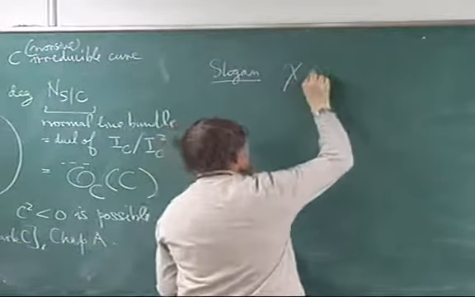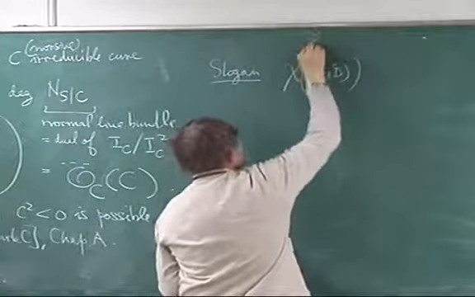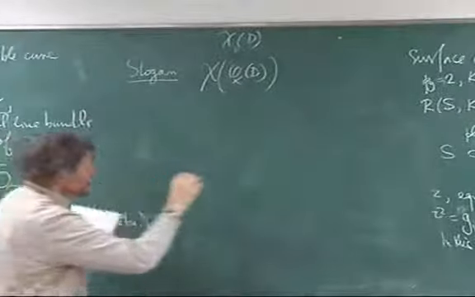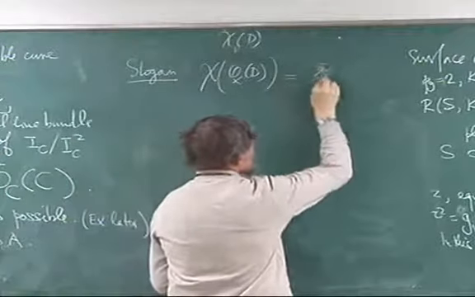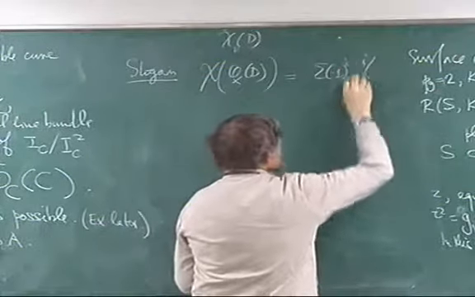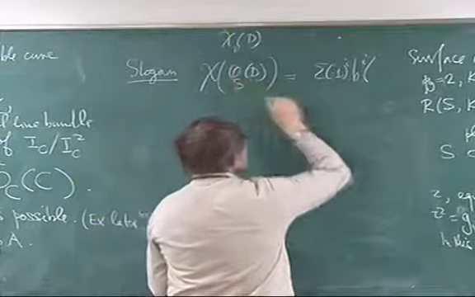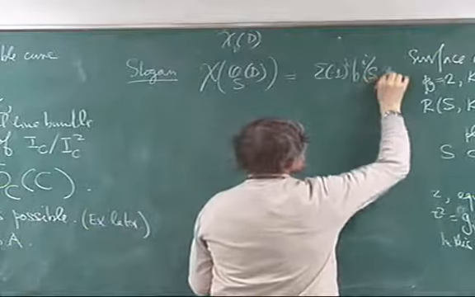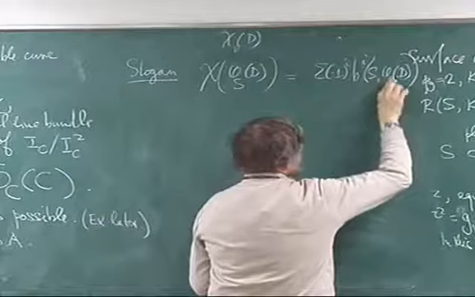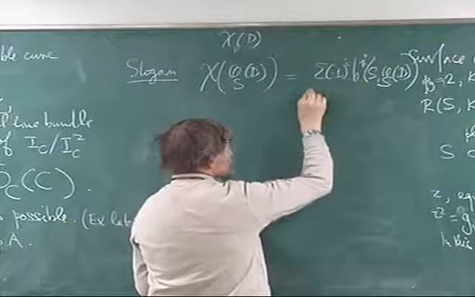The slogan: chi of O_X of D. For this purpose, I'm going to just write this chi of D. This is the alternating sum, (-1)^i of h^i, sorry, I'm still on a surface, so S is the same as X, and the sum goes from i equals 0 to 2.